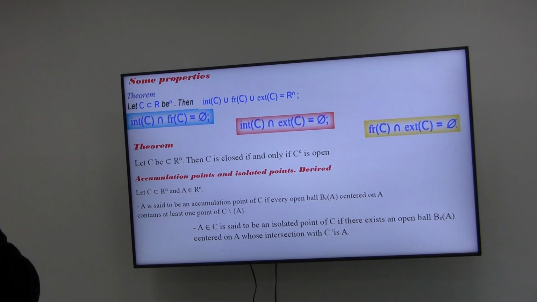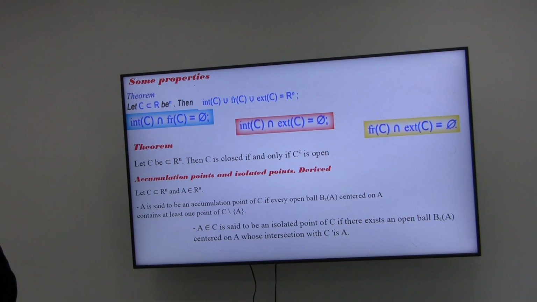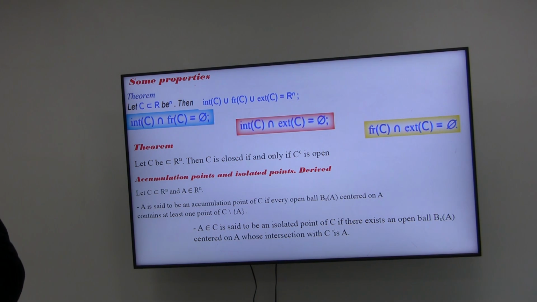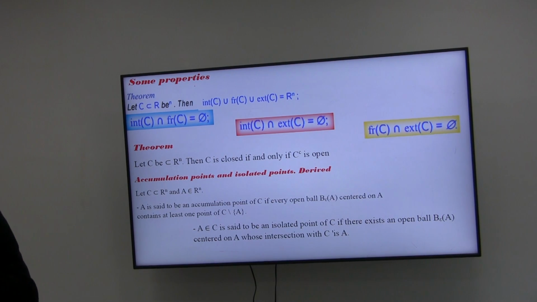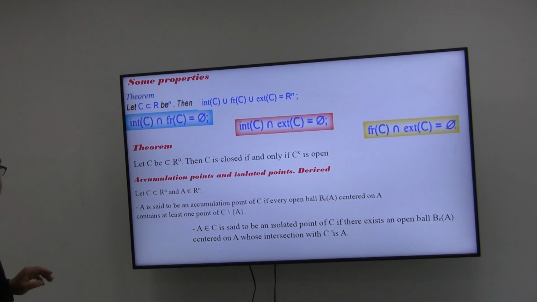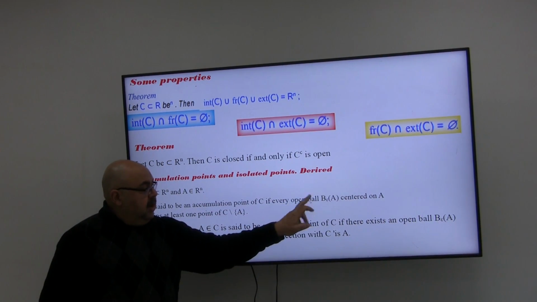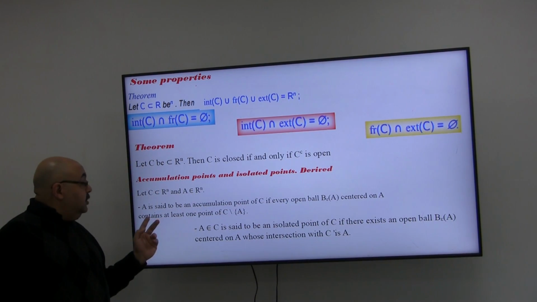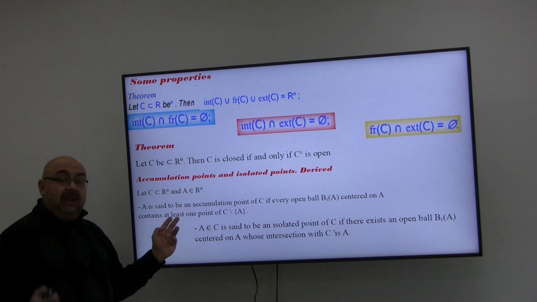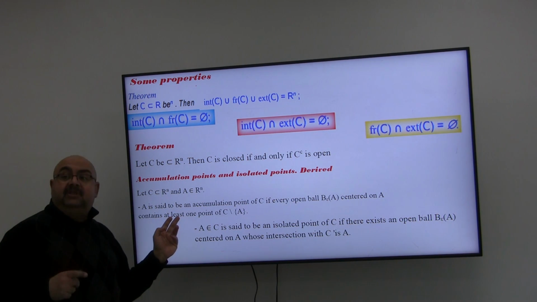Once more: the accumulation point is such that in the smallest circle around this point you can find another point other than itself. Are you with me, guys? So once more, A is said to be an accumulation point of C if every open ball centered on A contains at least one other point.